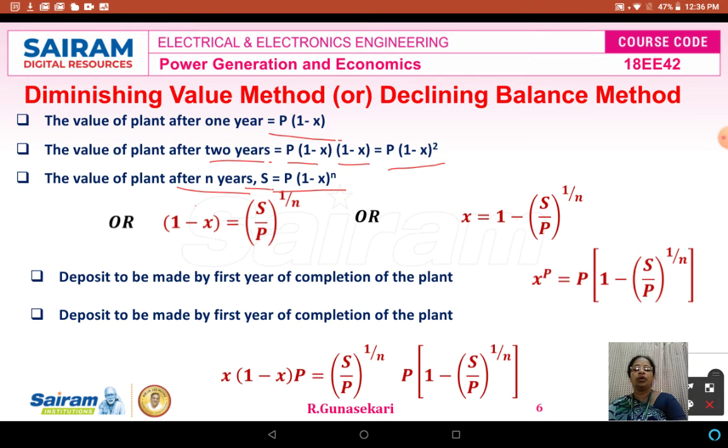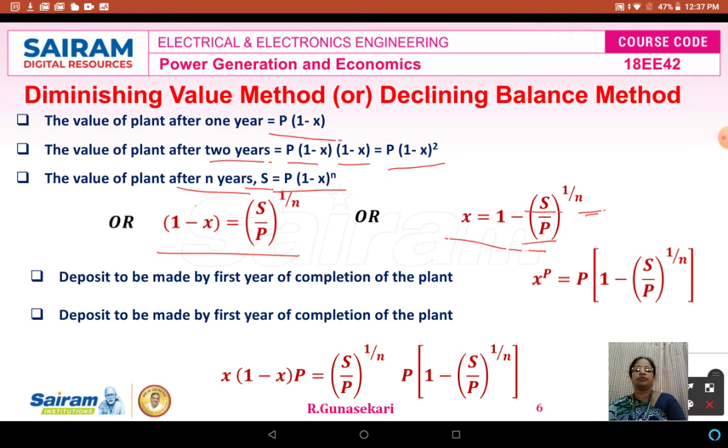Otherwise, 1 minus x equals (S divided by P) to the power 1 by n. Otherwise, x equals 1 minus (S divided by P) to the power 1 divided by n. We know the values of capital P, S and n.